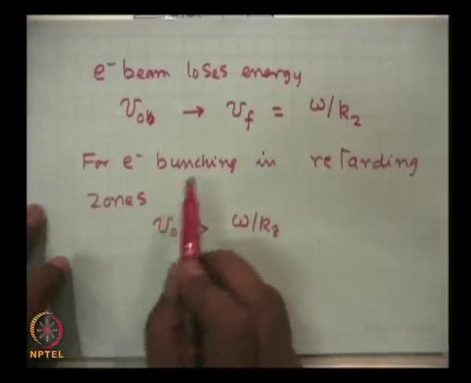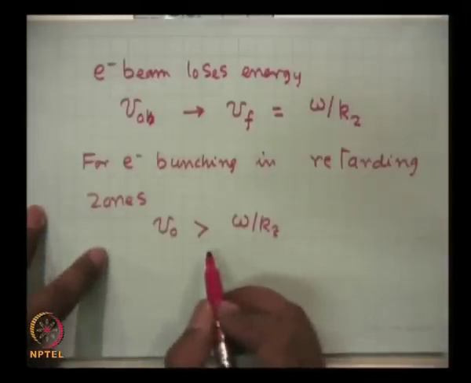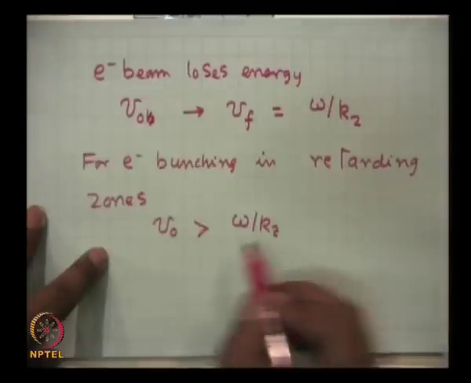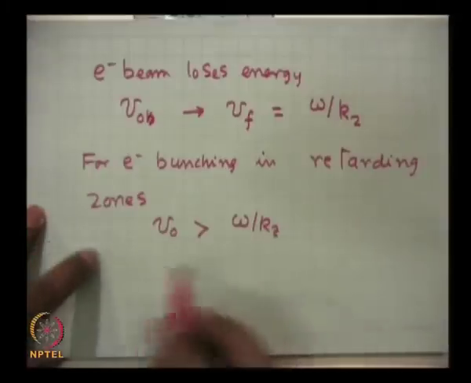So what is happening? Initially the beam velocity is bigger than omega by kz. As the beam on an average loses energy and its velocity comes down to omega by kz, it stops giving energy to the wave.